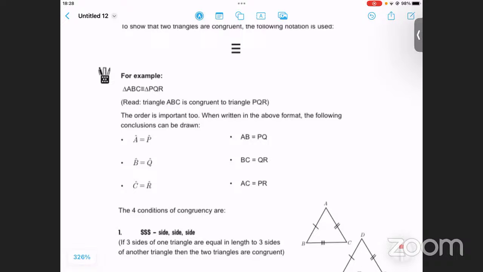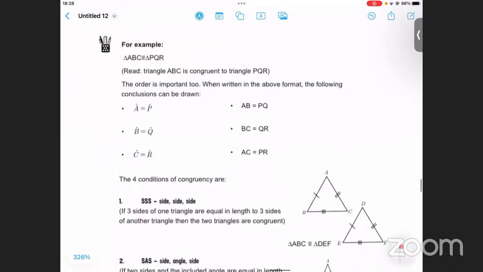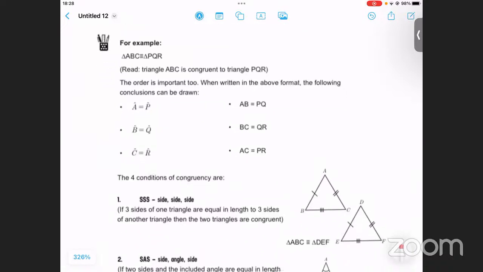When written in the above format, the following conclusions can be drawn. Angle A equals angle P, angle B equals angle Q, and angle C equals angle R. And again, line AB equals line PQ, line BC equals line QR, and line AC equals line PR.